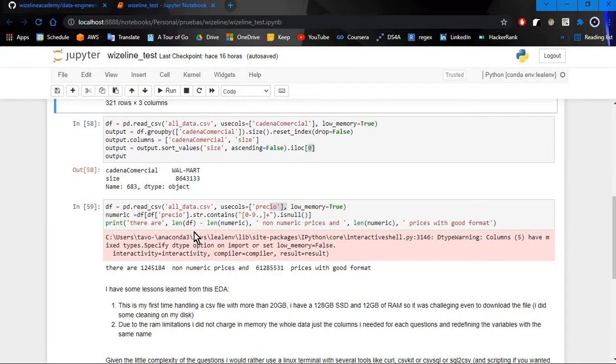As each product is one row, I just use cadena comercial and find the size, reset the index, rename the columns, and sort the values in descending order to get the most popular at the top. The first row is Walmart, with more than 8 million products.